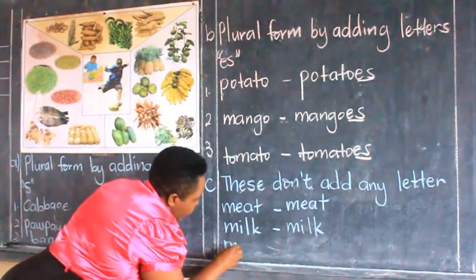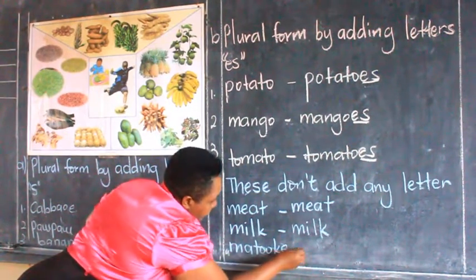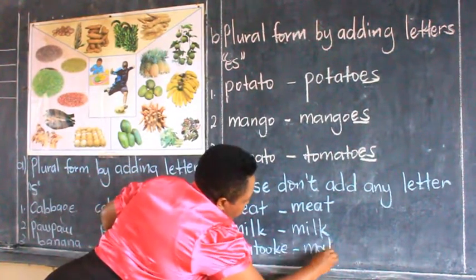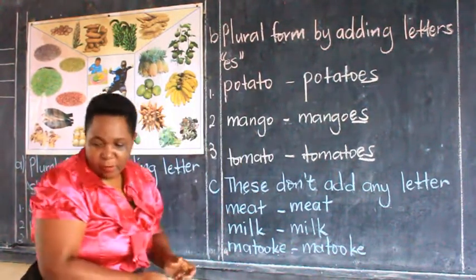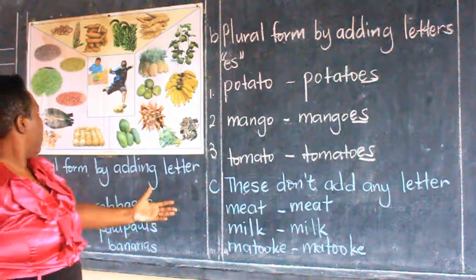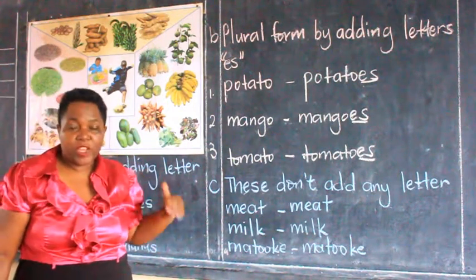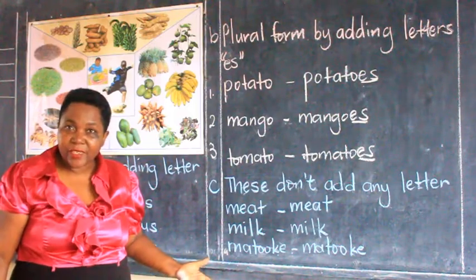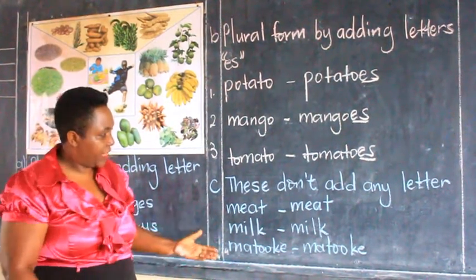I have matoke on my plate. So we can't count the matoke. Here we have more. We have the rice. That is also in the vocabulary. We cannot count rice on the plate. We cannot count rice anywhere in the sack, so rice remains as rice.